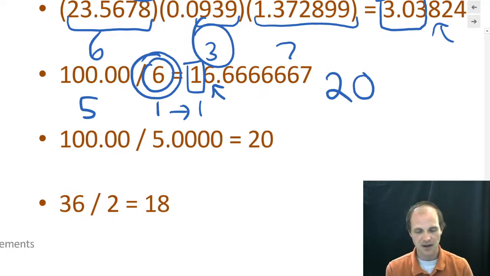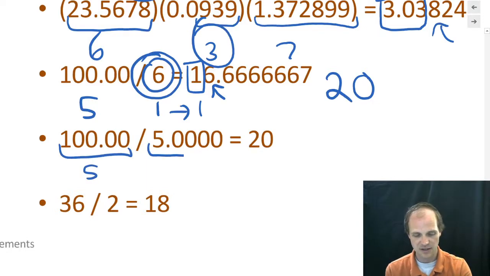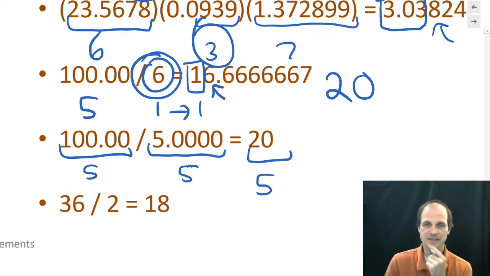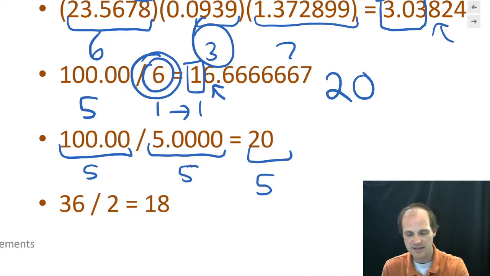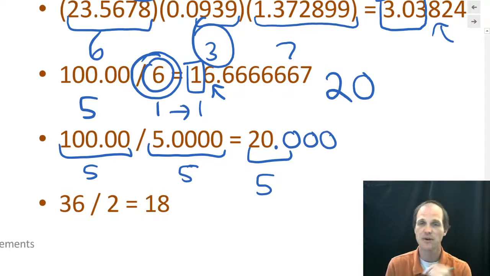However, if you've got more digits, here we've got 5 digits, here we've got 5 digits, which means our answer should have 5 digits. And occasionally, you'll have to correct the numbers the calculator gives you to have more digits. How do we get this to have more digits? We're going to add a decimal point. Because decimal points make all of those trailing zeros significant.